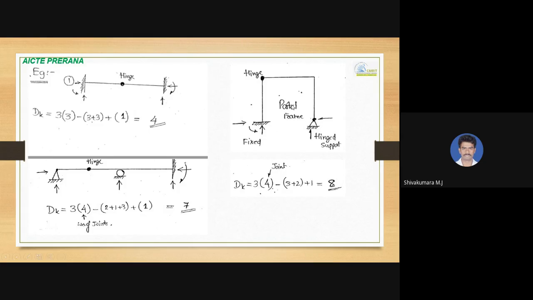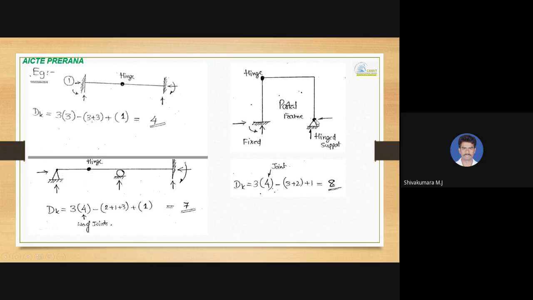In the same manner, consider a portal frame with one internal hinge at one corner, a fixed support at one end and a hinged support at the other end. There are three reactions at the fixed support and two at the hinged support, so totally 3 plus 2, which is 5 reactions. The number of joints is 1, 2, 3, 4.